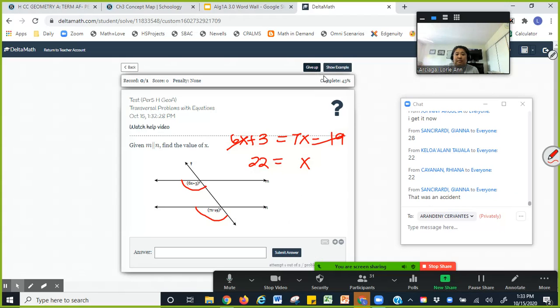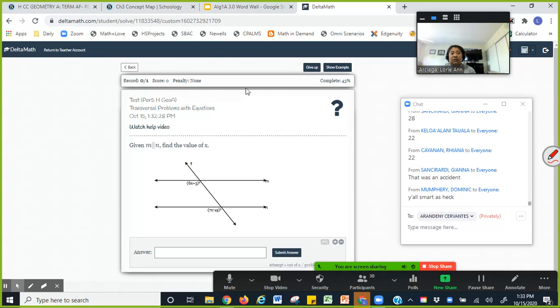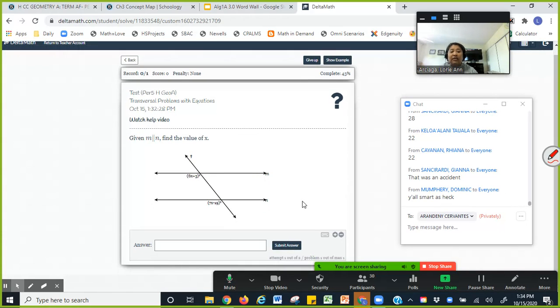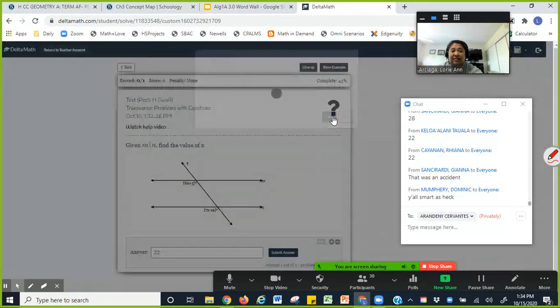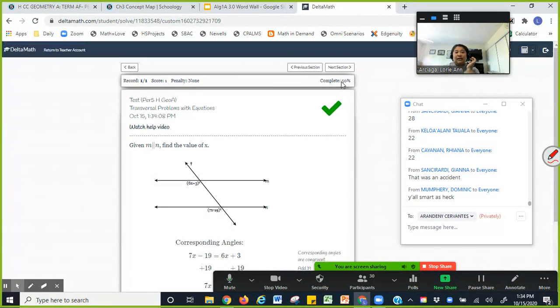Okay. Clear the ink. Just like what I mentioned, if you're good at identifying the angle, you look at your... Oh, why can't I go to the next section? Oh, I haven't entered the answer. Okay. All right. There.